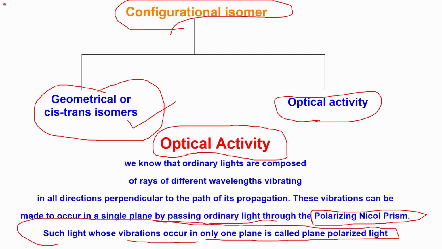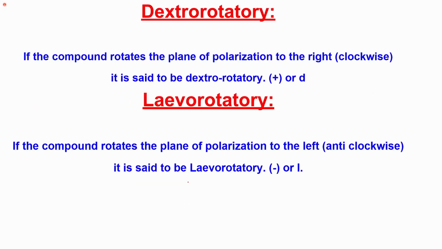We can also draw how it shows the plane polarized light, how the light goes through a molecule. If the molecule is optically active, then it will show the rotation either plus or minus. We'll discuss it here.